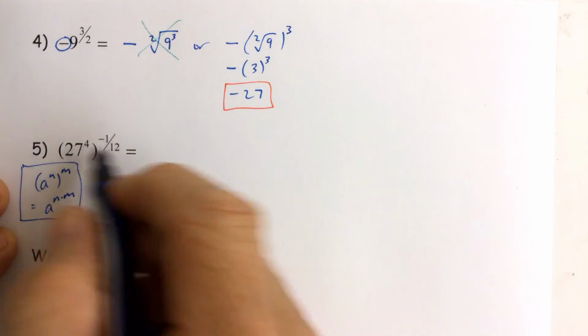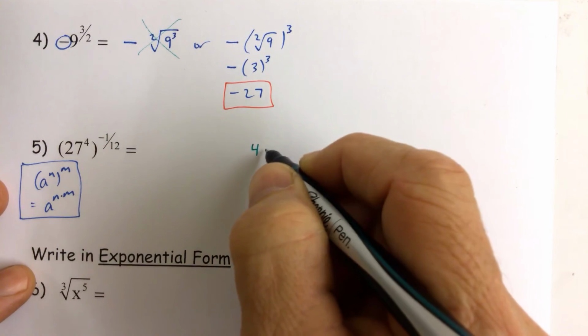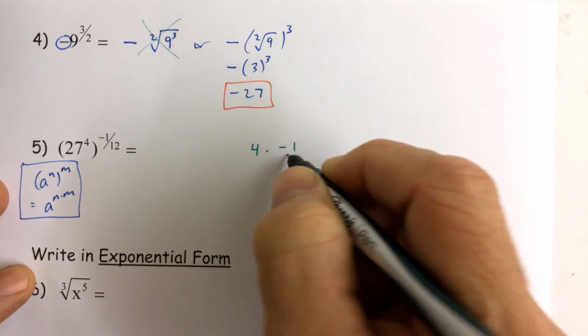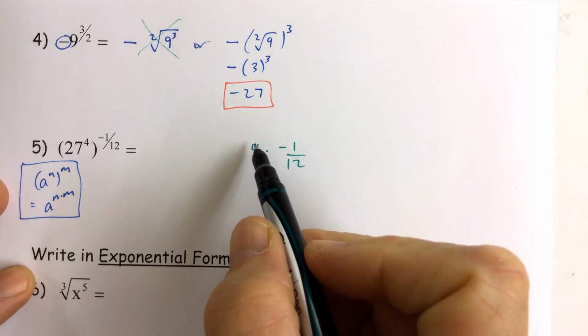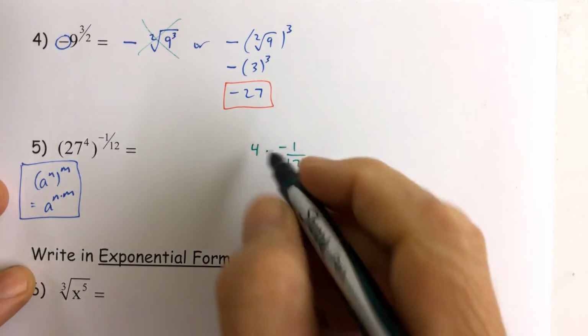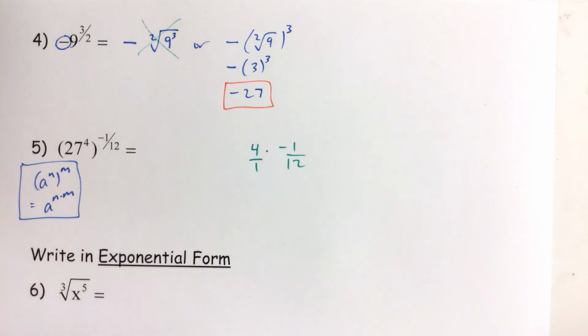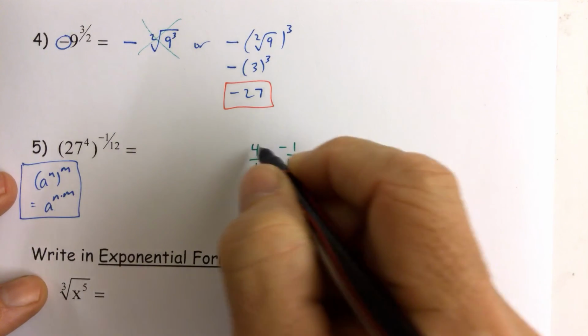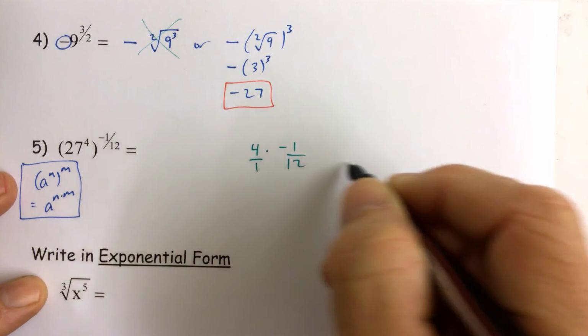And let's think about that. Let's put that off to the side here: 4 times negative 1 over 12. When I see a whole number multiplied by a fraction, I want to make sure I write it as a fraction times a fraction. That makes it easier for me to remember, and then I remember that I can multiply straight across. 4 times negative 1 is negative 4, and 1 times 12 is 12.